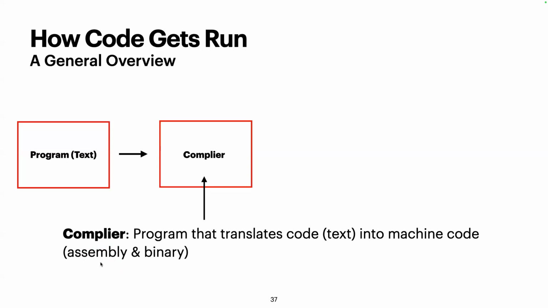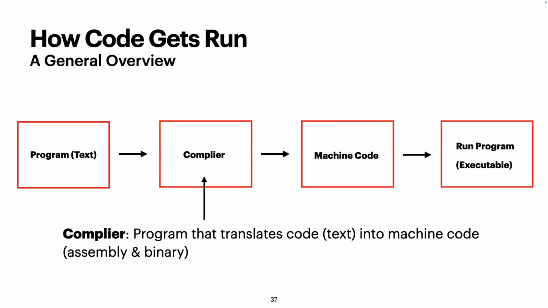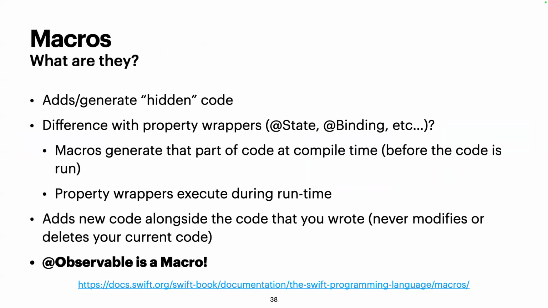And eventually it outputs binary, which is just ones and zeros, to the CPU. So it goes through a compiler, you get the machine code, and it also creates an executable that you could run your program with, that's specific to the operating system and so forth. But that is just the general pipeline of how your code gets run.